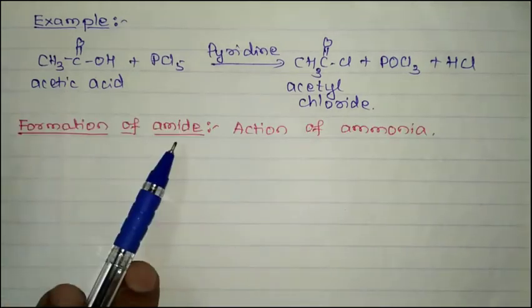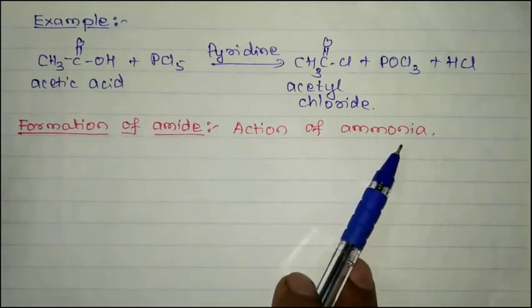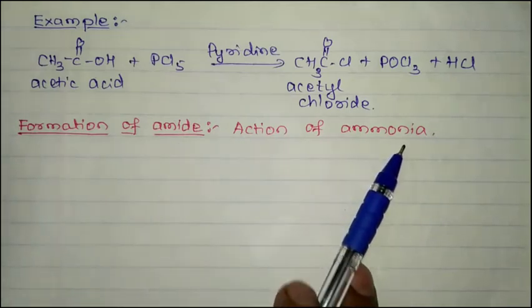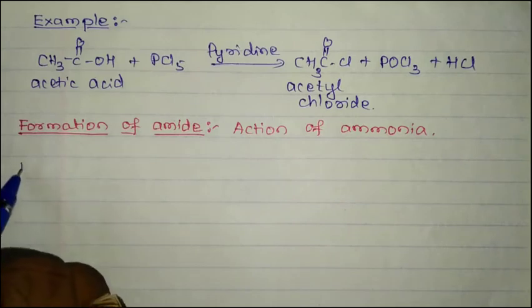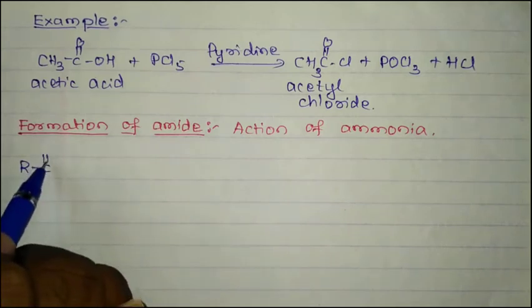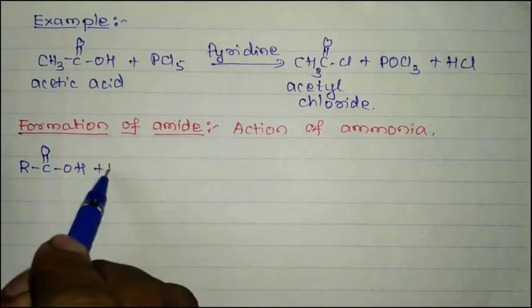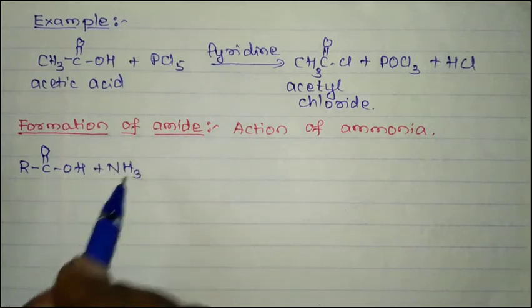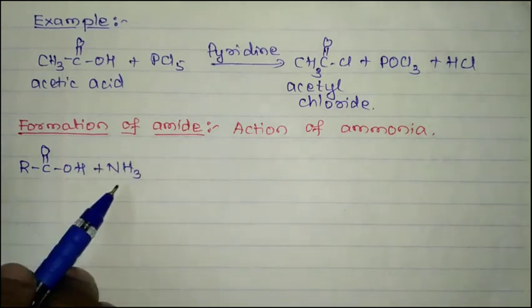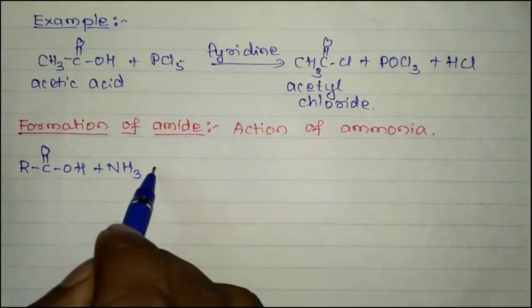Next reaction is formation of amide, or action of ammonia on carboxylic acid. First is carboxylic acids, RCOOH. Carboxylic acid reacts with ammonia. Here carboxylic acid is acidic in nature, ammonia is basic in nature.